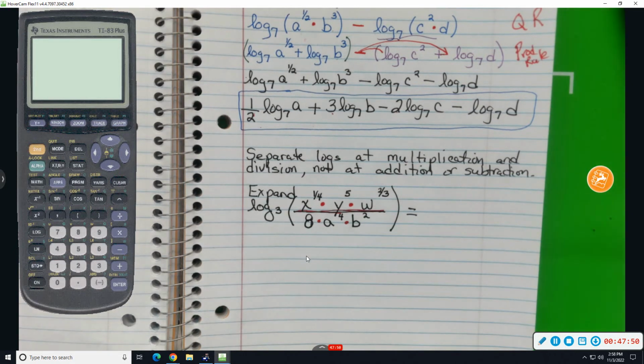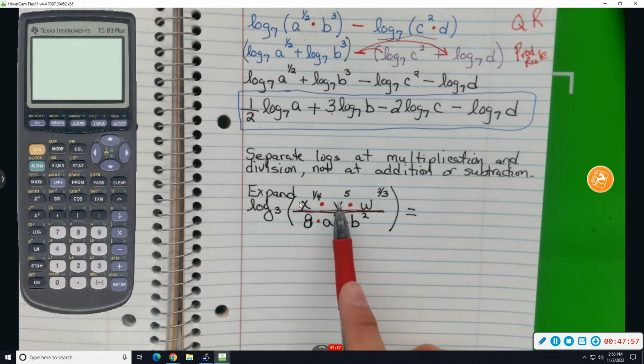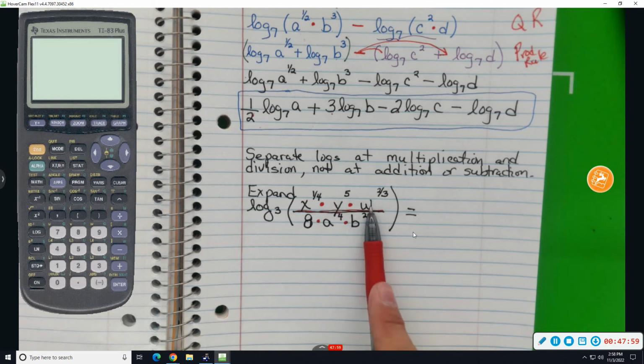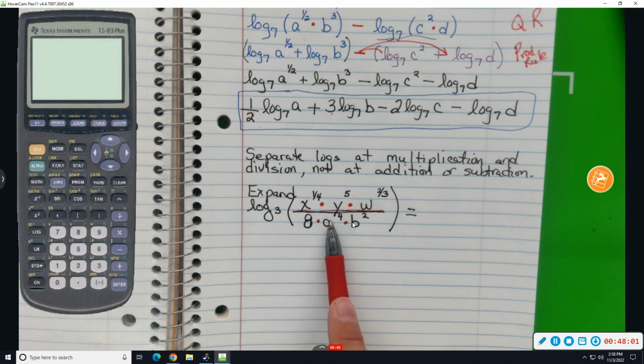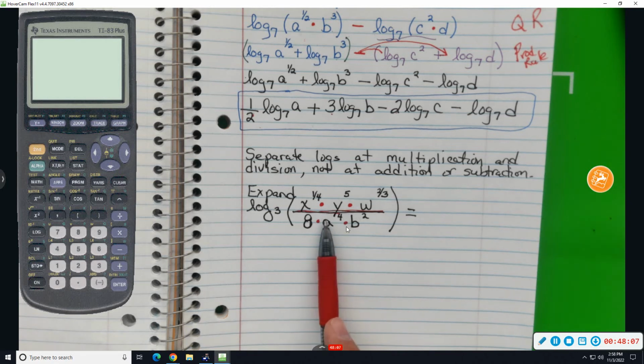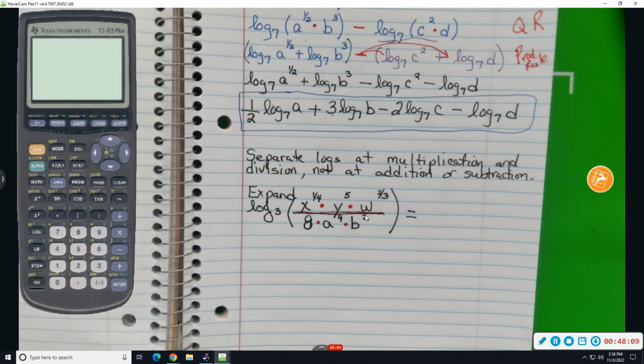How many logarithms are we going to have once we expand it? How many distinct factors do you have on top? First, there are 3 on top. What about on the bottom? 3 as well. Realize the 8 and the a are not together. It's 8 times a times b. So I agree, there are 6 distinct factors, so you need 6 distinct logarithms.